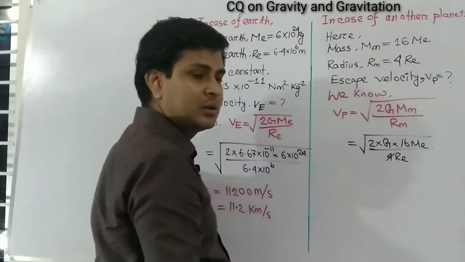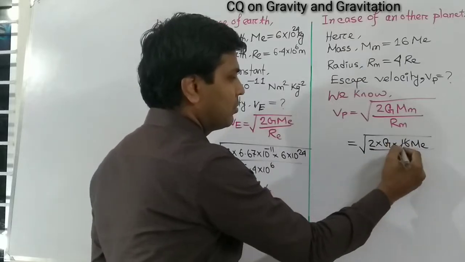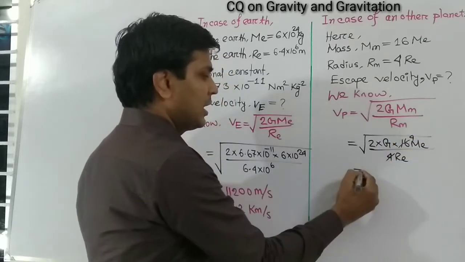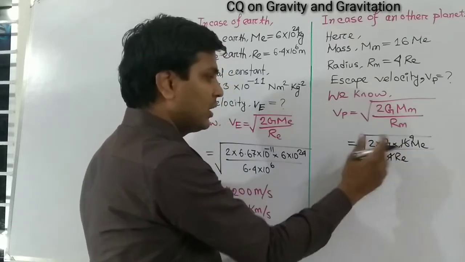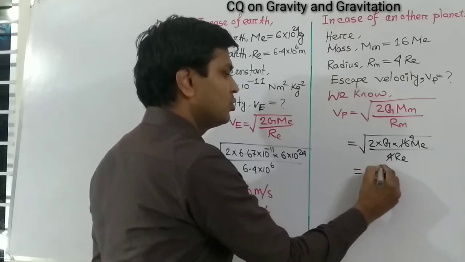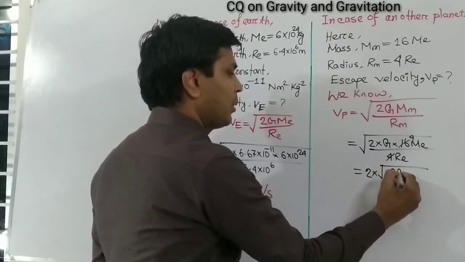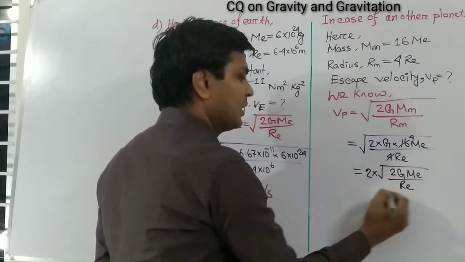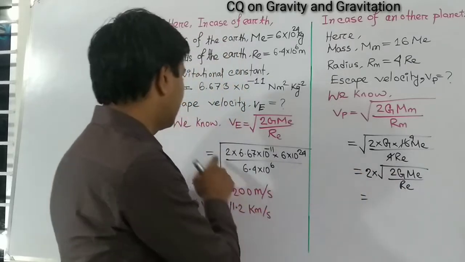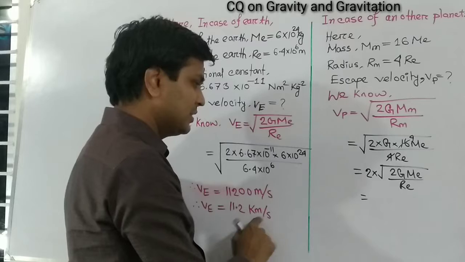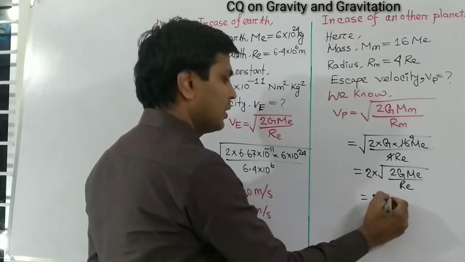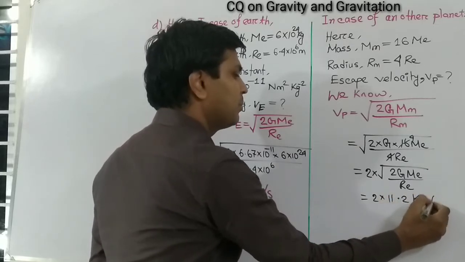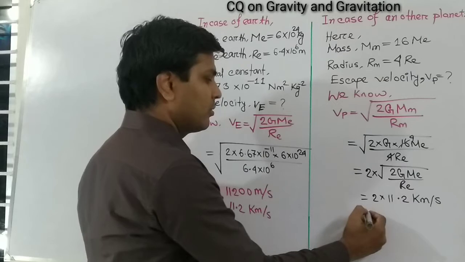And if we divide 16 by 4, then we can write here 4. And if we remove that 4 from that square root, then we can write here 2 into root over 2 capital G capital ME divided by RE, and which is the value of VE, and the value of VE is given here 11.2 kilometer per second.